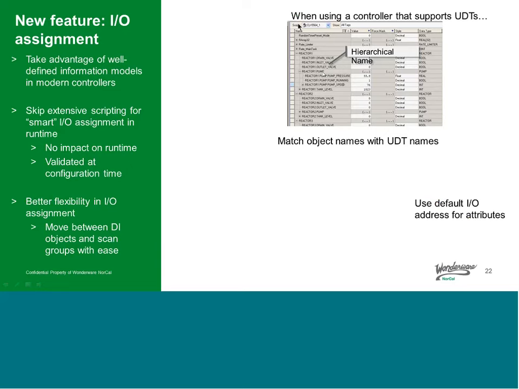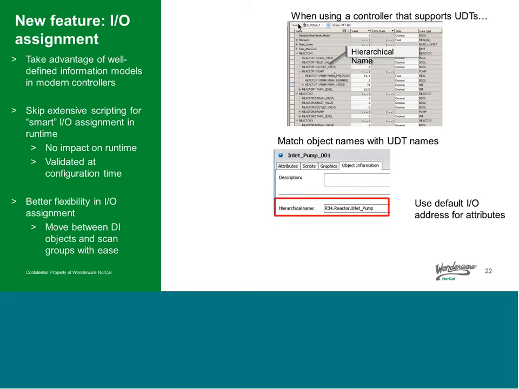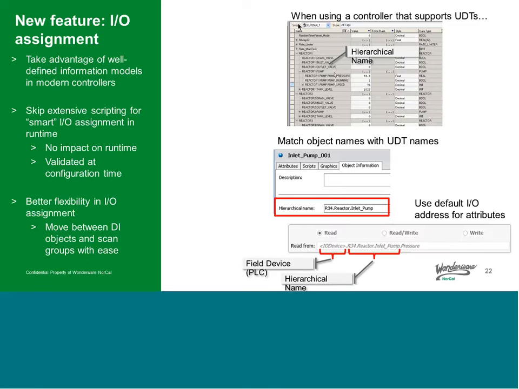What that means is in System Platform, if I create that same model, an object called Reactor 1, and then have an attribute called Drain Valve or Inlet Valve, I don't have to hard code the addressing to the PLC anymore or do any additional referencing. As long as I create a matching model in System Platform, I can automatically bind to the I/O in the PLC. And I'm going to do a demo of this to explain it.